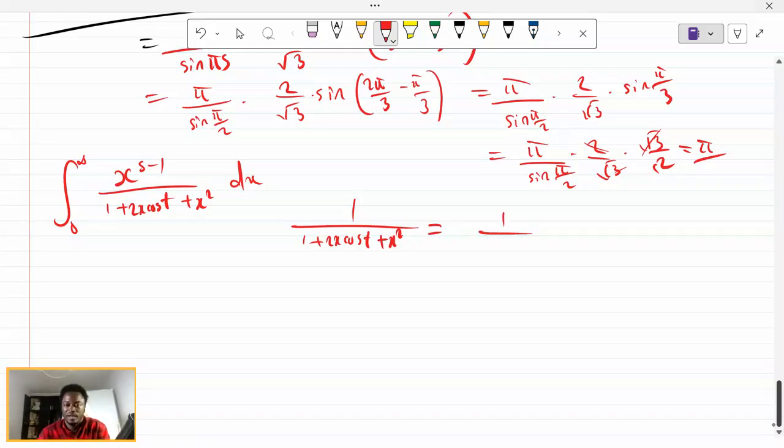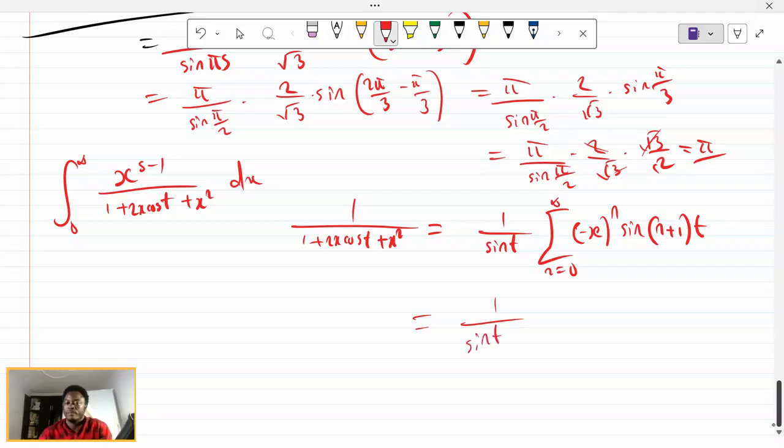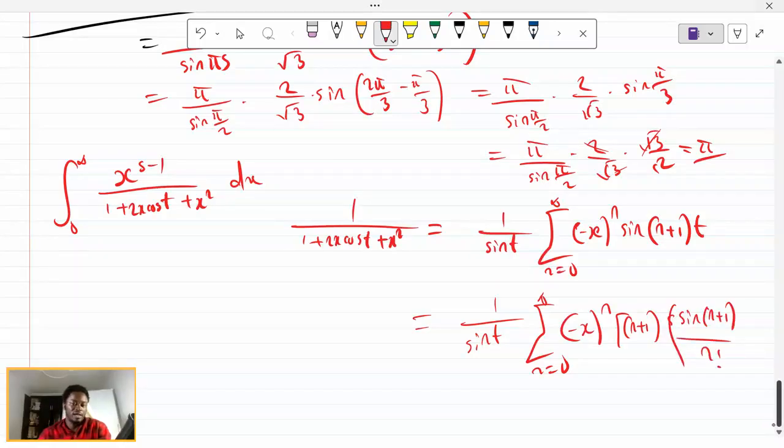This is equal to 1 over sine t times the sum as n runs from 0 to infinity of negative x to the n sine of (n plus 1)t. So we can put it in this form: 1 over sine t, the sum of negative x to the n, then gamma of n plus 1 times sine of (n plus 1)t over n factorial.